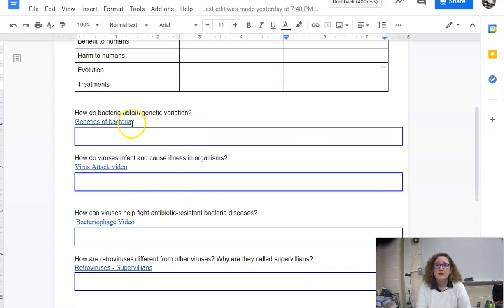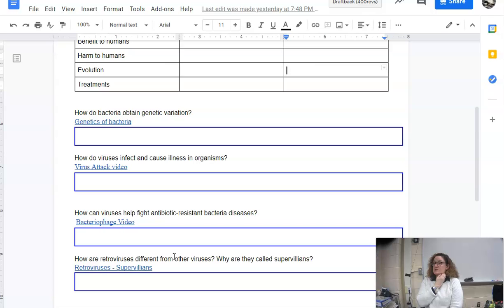It then looks at some of the ways that these organisms get genetic variation, because bacteria reproduce asexually. They just do a process of division called binary fission. One divides into two. And then there is some other information about viruses and the way that they infect cells. And then these retroviruses, and retro is like to go backwards.